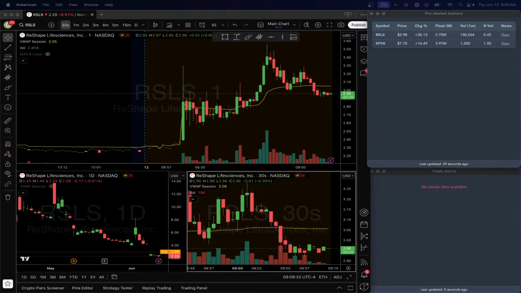If we can go above $3, we might be able to test a high. At least test a 350.